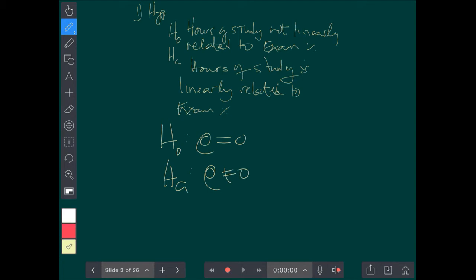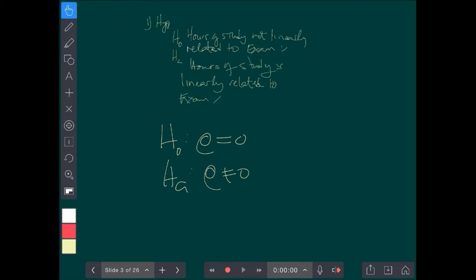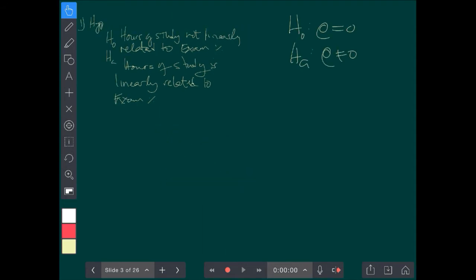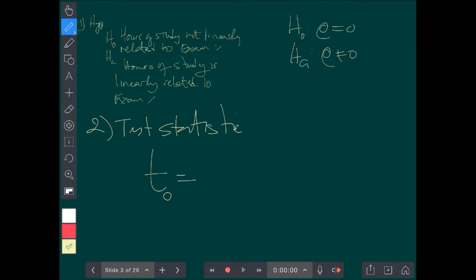Step 2, let us frame the test statistic. So it is a t-test, so our test statistic is going to be a t statistic. Number 2, test statistic, and that is t observed is sample R minus population rho divided by the standard error, and the standard error of R is the square root of 1 minus R squared over degrees of freedom n minus 2, not n minus 1, but rather n minus 2.